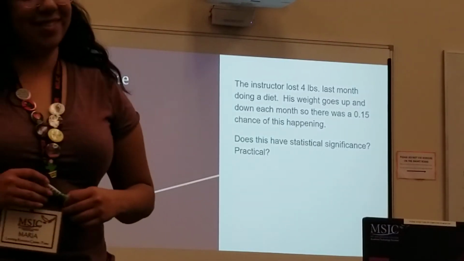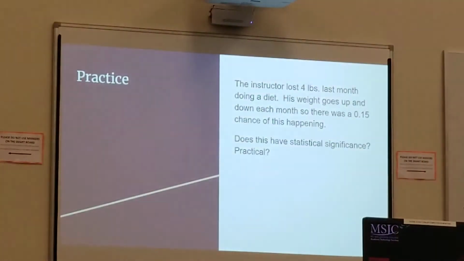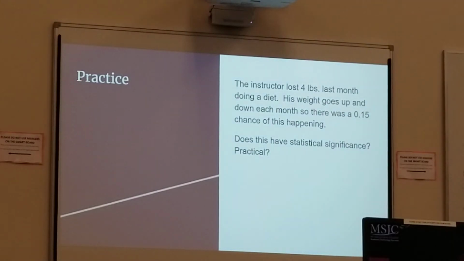Okay, but then that, okay. So the question just said, is it anything these rules? So in this case, it is statistically significant, but it's not practical because he only has a 15% chance of losing 4 pounds in 1 month. So there's an 85% chance that he's not going to lose any at all.